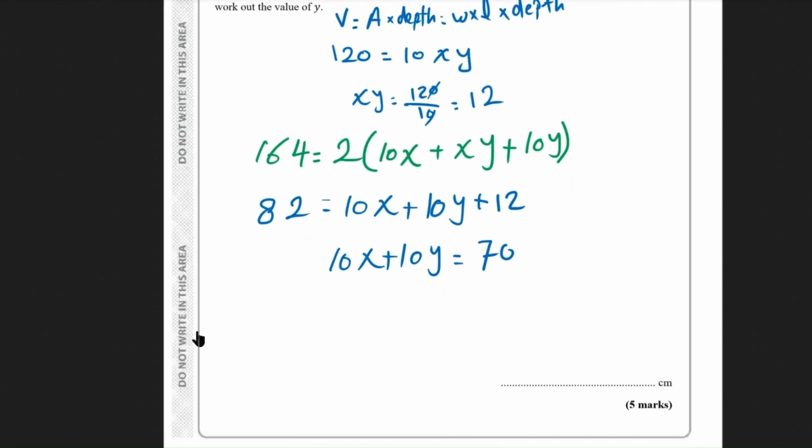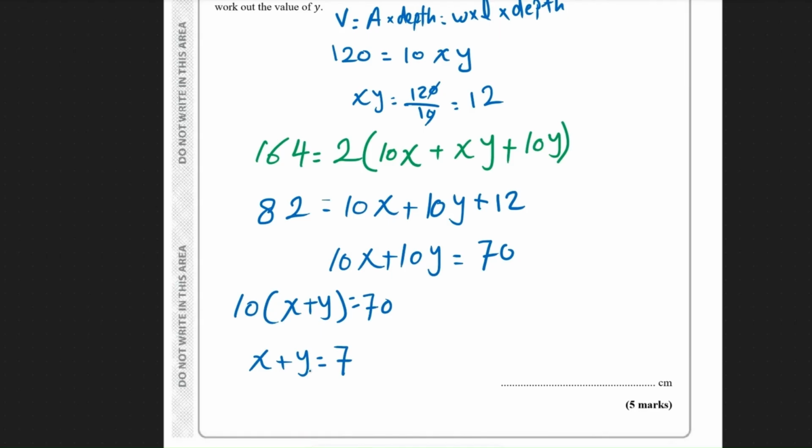So we can say 10 bracket x plus y equals 70, and then bring 10 over to the other side as a divide, as this one is times bracket, so times goes to the other side as a divide. So x plus y equals 70 over 10, which is 7.